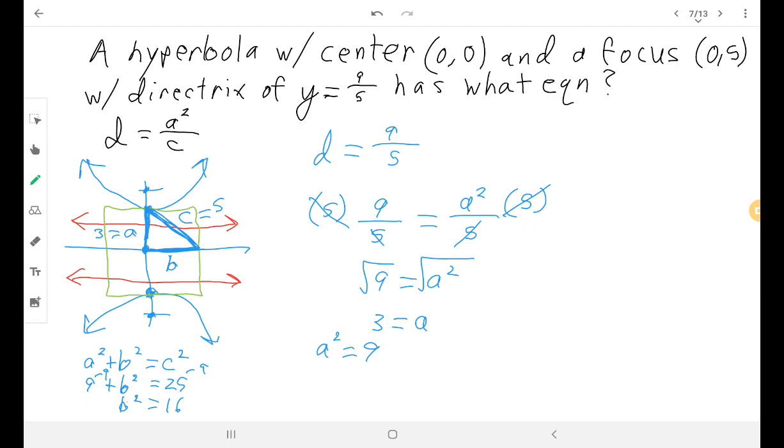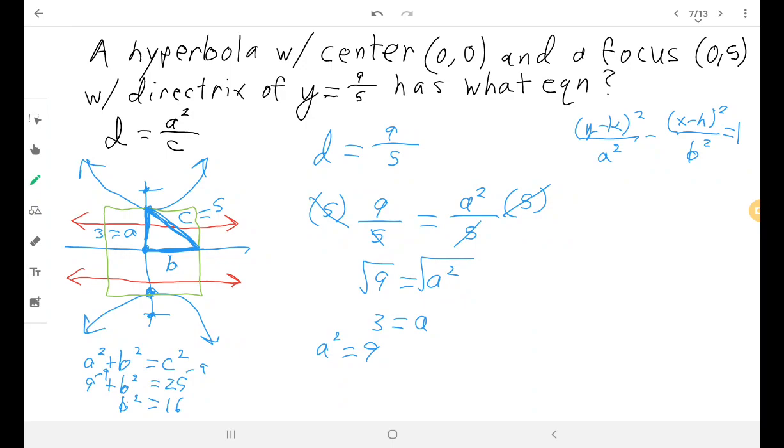So it's in the y direction, so the setup for this is y minus k squared over a squared minus x minus h squared over b squared equals 1.